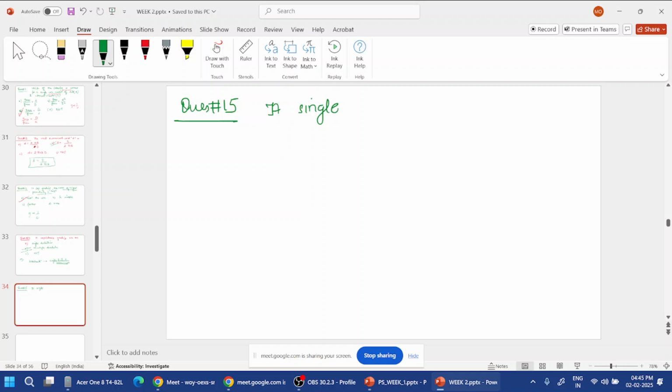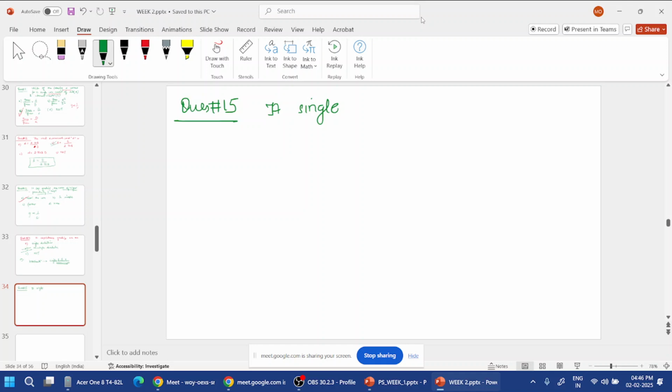I don't have the assignment problems with me right now, but on similar lines I have solved various questions for your understanding of the subject.